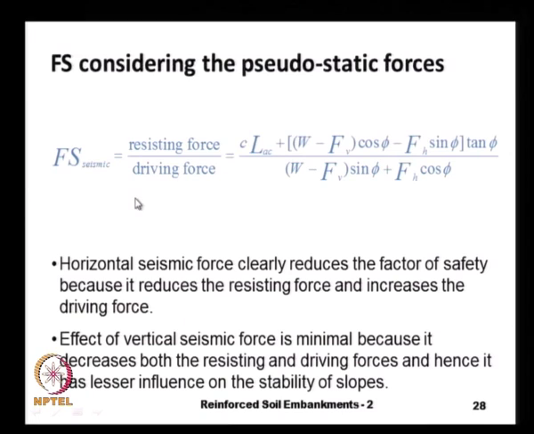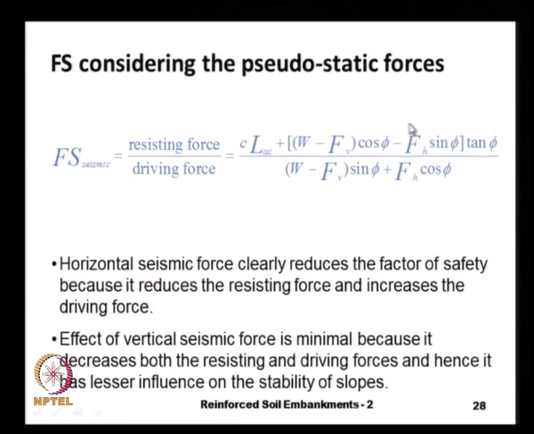And if we resolve all the forces, our resisting force is C times L plus W minus Fv times cosine phi, assuming that the vertical force is acting up, and minus Fh sin phi, this whole thing times tan phi.